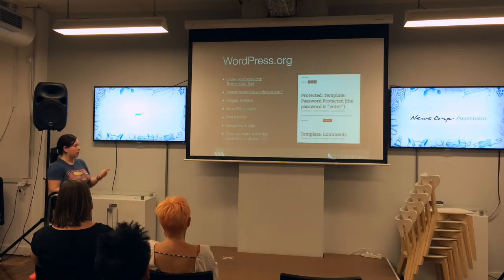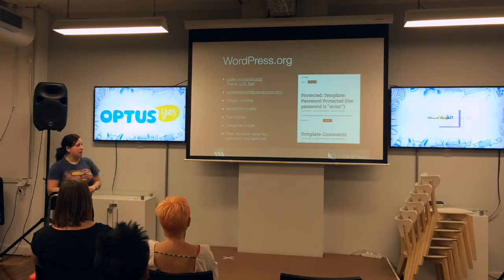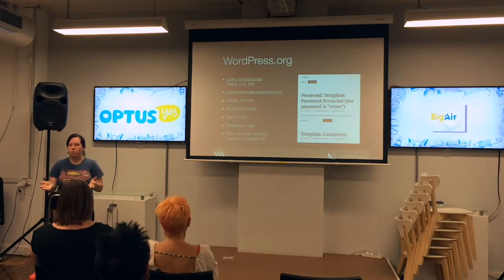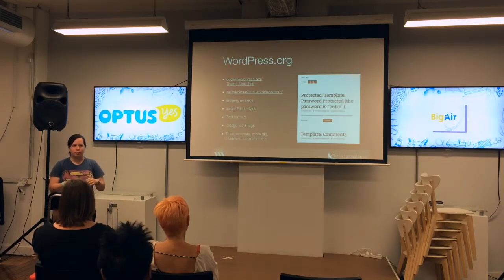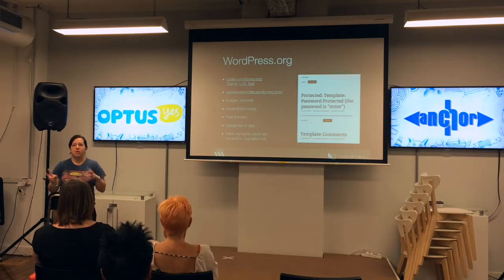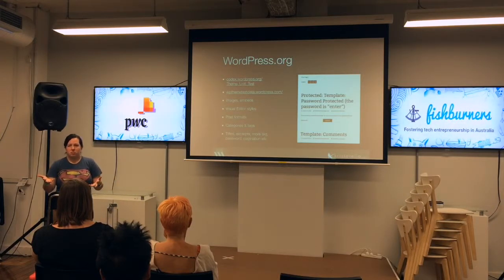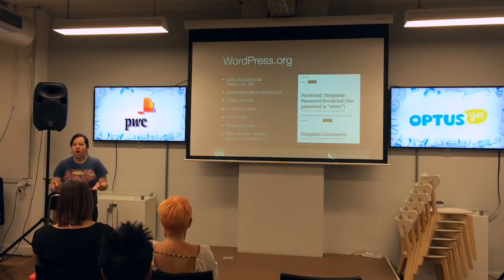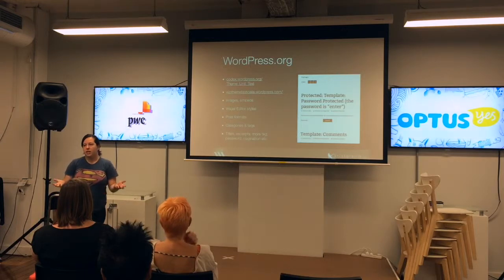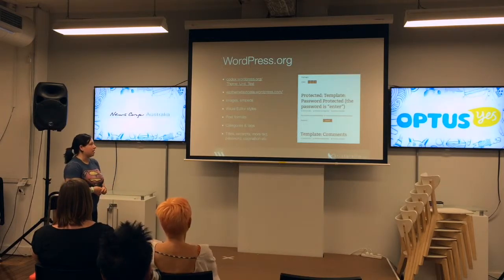It also does post formats, so if your theme supports post formats of quote or image or gallery, it supports those. Not all themes have different styles for these post formats, but if they do, you can see what they're like.